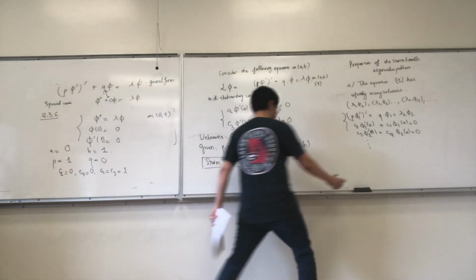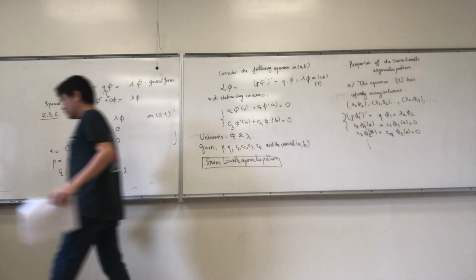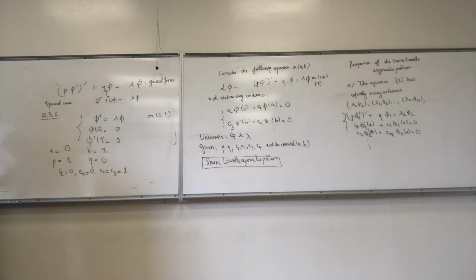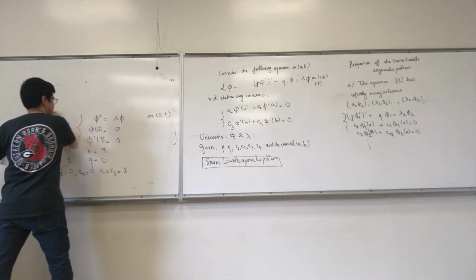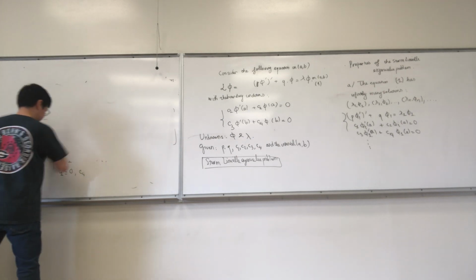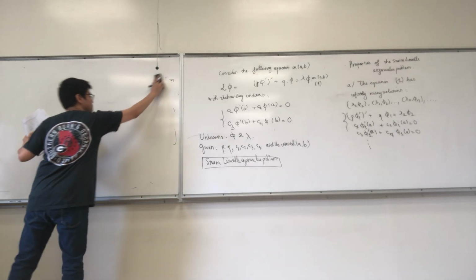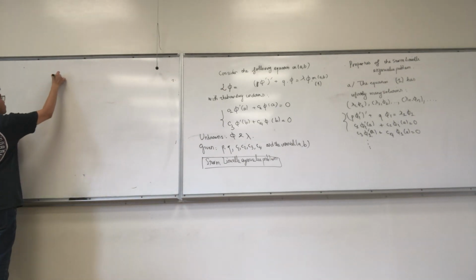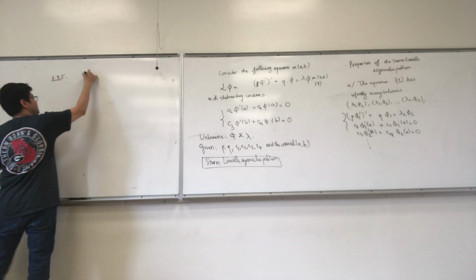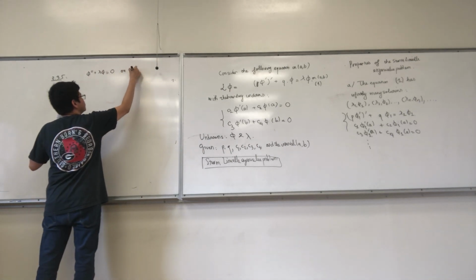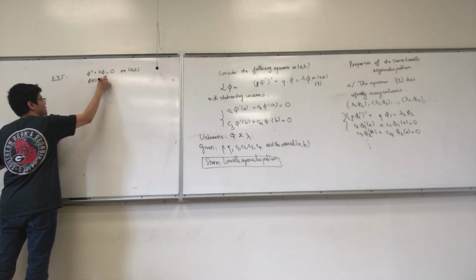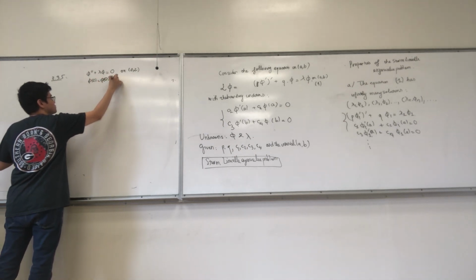So in the special case of 2.3.5, you have phi of 0 is 0 and phi of L is also 0.